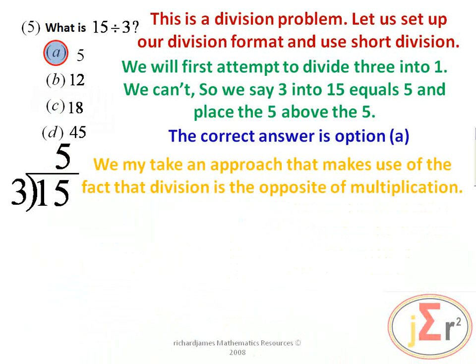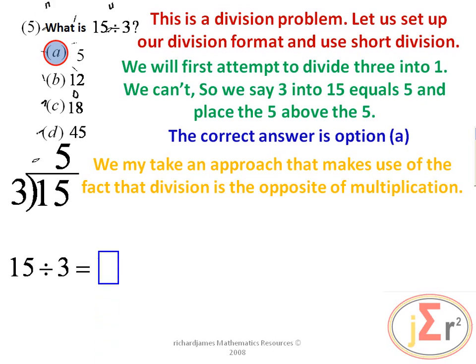We may take an approach that makes use of the fact that division is the opposite of multiplication. That is the kind of mentality that grade 4 students need to develop. Understand that division is the opposite of multiplication. Therefore, if you are aware of your multiplication table, then you should be able to divide.